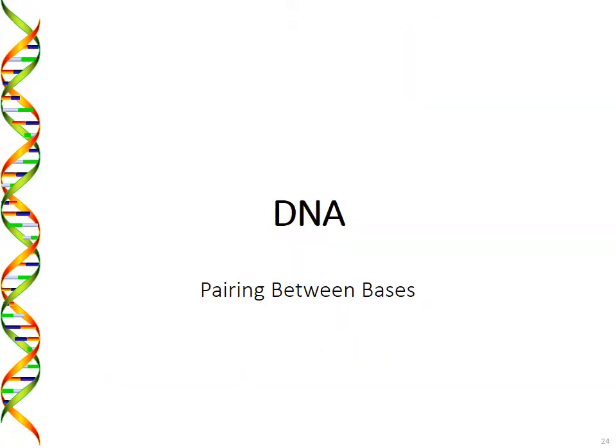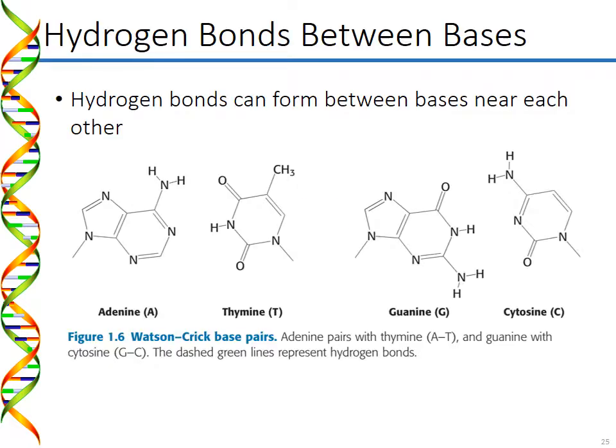Now let's take a closer look at some important concepts regarding DNA, starting with the pairing between the bases. As I mentioned previously, hydrogen bonds can form between the bases when they're in proximity to each other. The standard or Watson-Crick base pairs are A and T and G and C, each of which bind to each other.